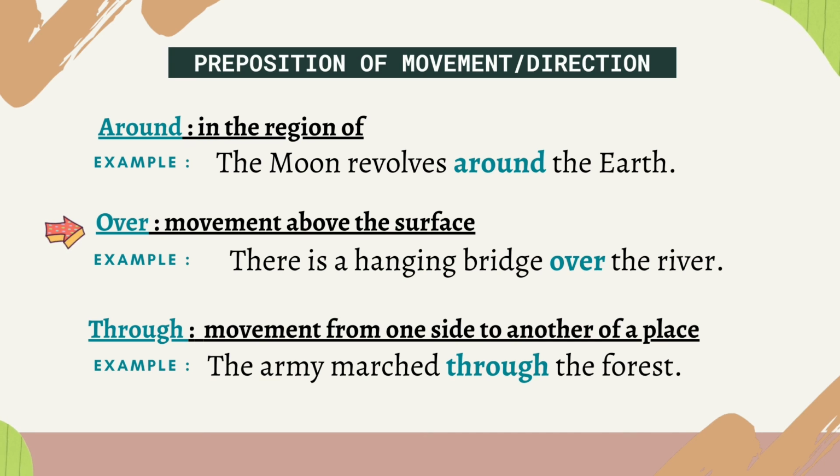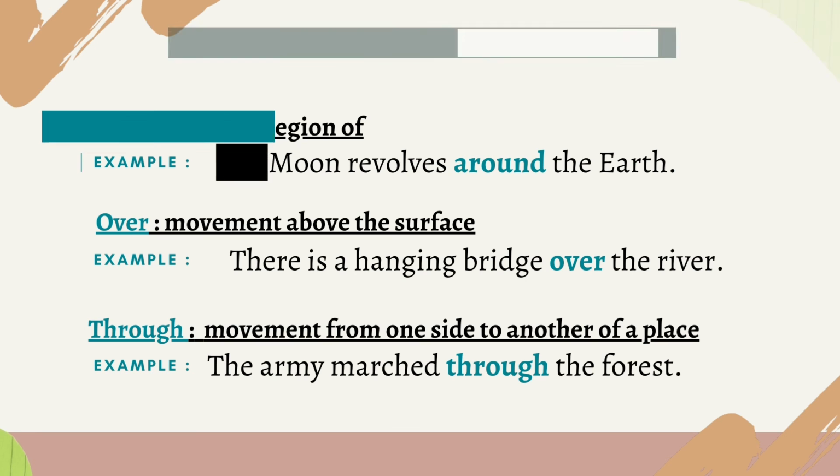The example says, there is a hanging bridge over the river. That means above the surface of the river. Next comes through. Through shows movement from one side to another of a place. The example says, the army marched through the forest.